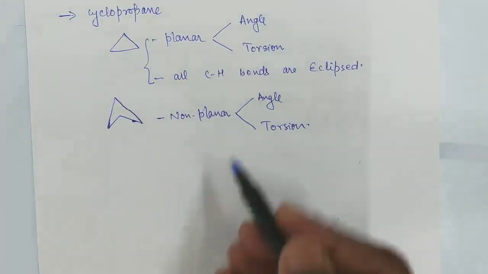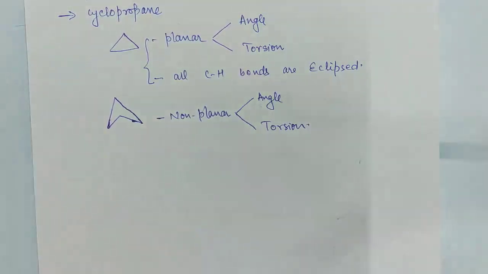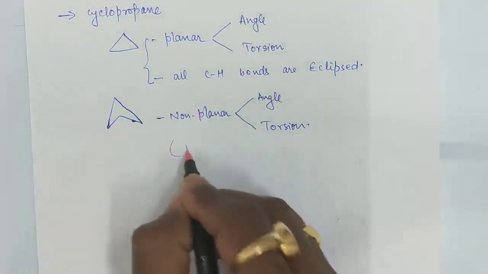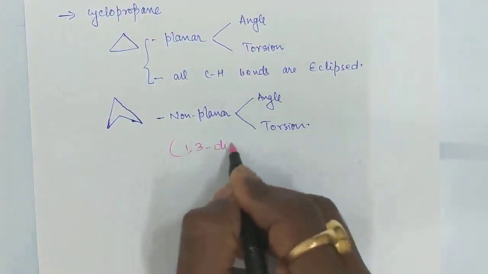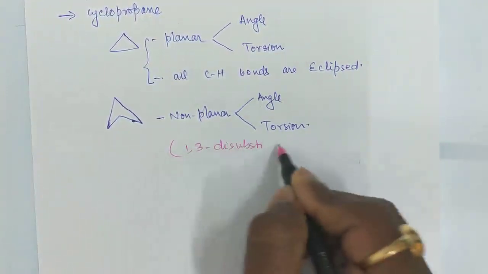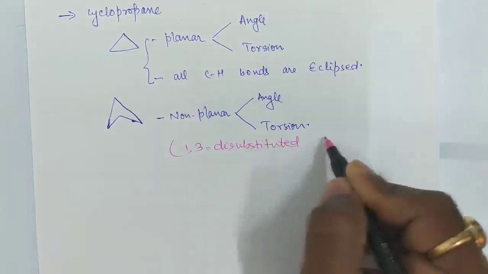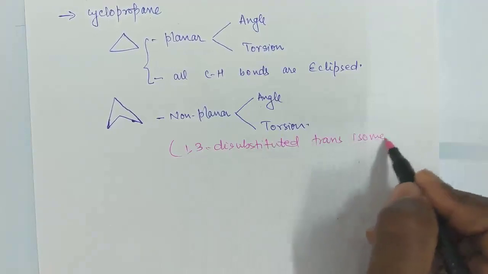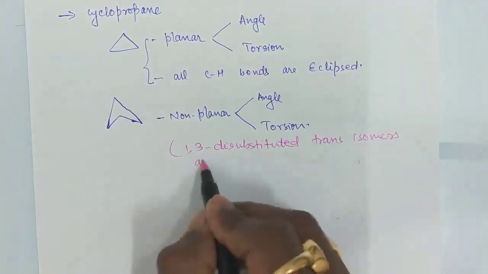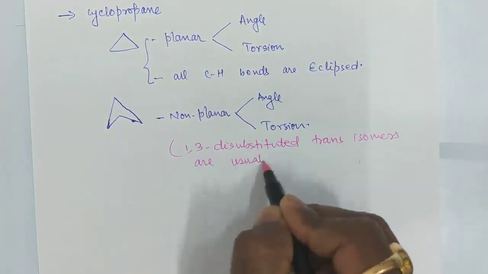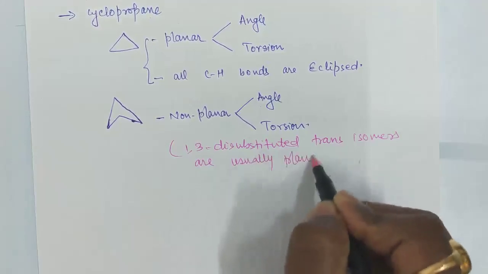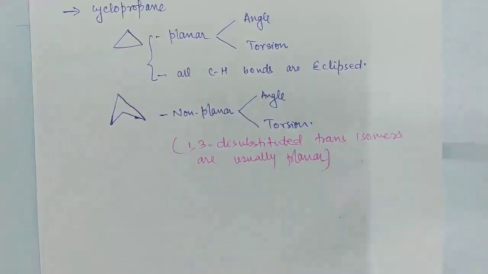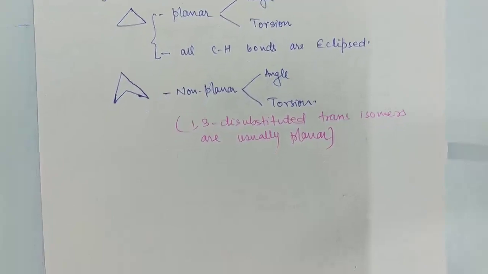And one exception is there, that 1,3 substituted trans isomers are usually planar. So in cyclobutane, when you take 1,3 disubstituted, then they are planar.